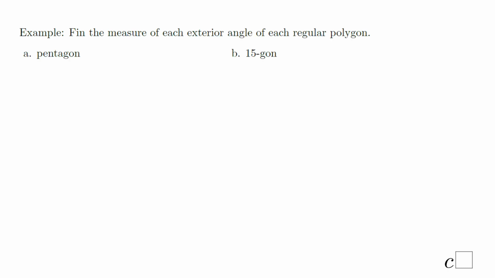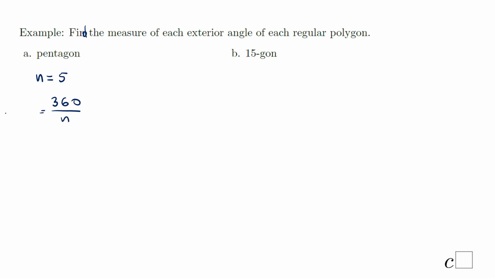Now let's take a look at this example where we need to find the measure of each exterior angle of each regular polygon. We have two problems in here. On the first one, you have a pentagon. If you remember, pentagon means the polygon that has 5 sides. How much is the measure of an exterior angle? If you remember, the formula is 360 divided by n.